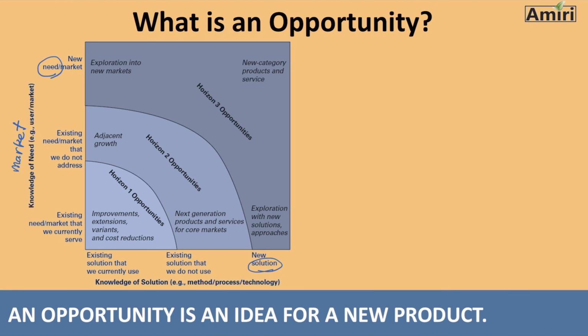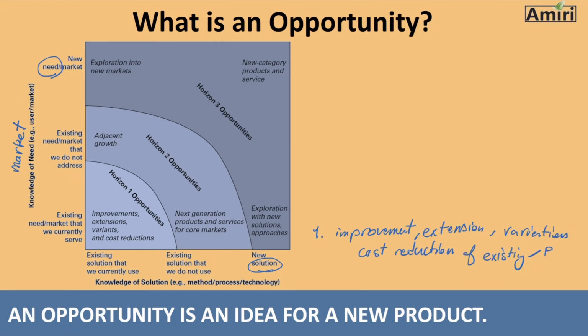So let's start with Horizon 1. Horizon 1 could be an improvement, or extension, or variation, or cost reduction of an existing solution, existing product, or existing market.